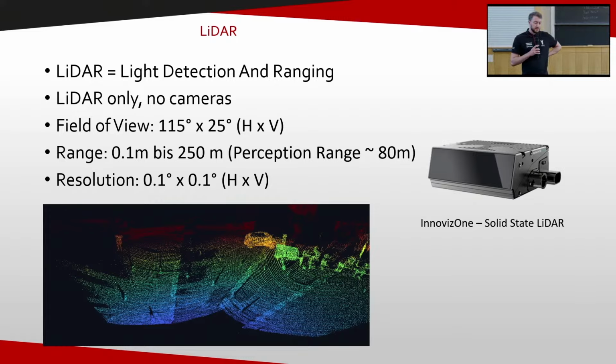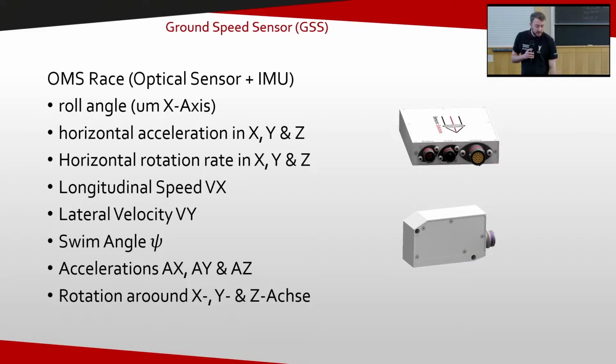It can range up to 250 meters, but as the dots get sparser, the resolution is not so good, so the actual perception range of our system is about 80 meters. It's a solid state LiDAR, so we don't have something rotating inside, meaning we can only view directly in front of us.